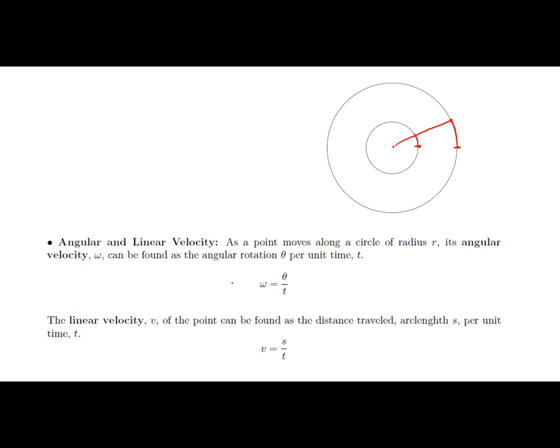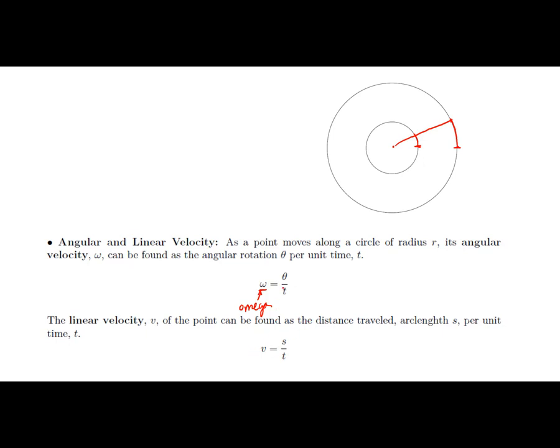So when we're talking about movement along a circle, there's two types of velocity. There's angular velocity and linear velocity. As a point moves along a circle of radius r, we say that its angular velocity is given by this symbol here. I know it looks just like a W, it's actually the Greek letter omega, but of course if you write W in your work, that's fine.